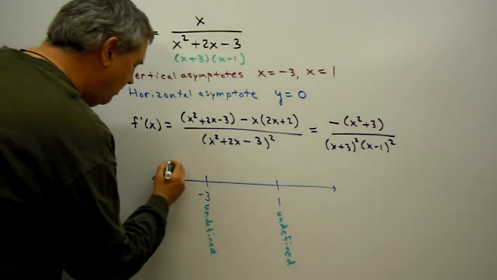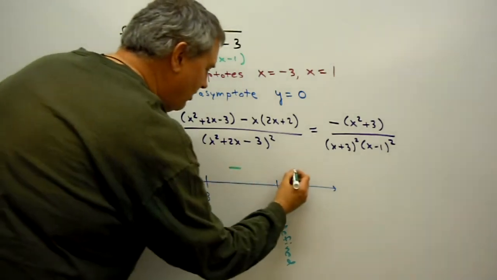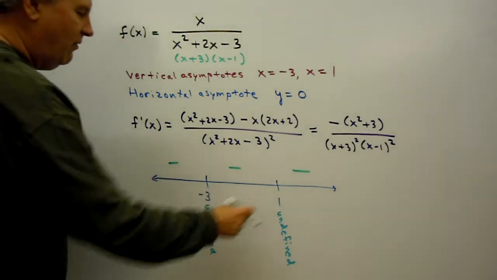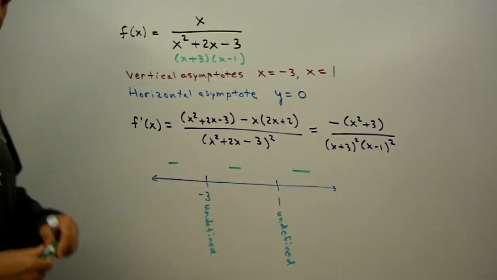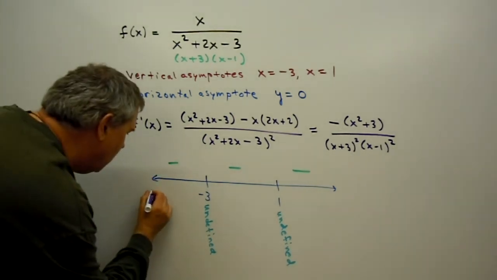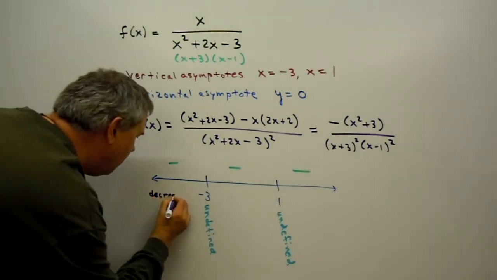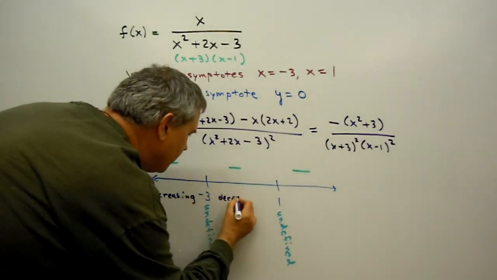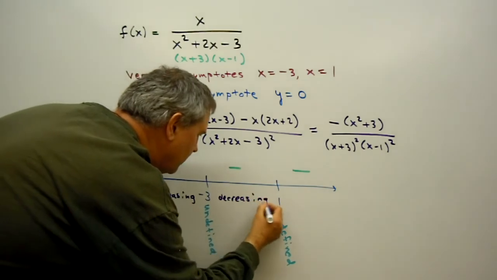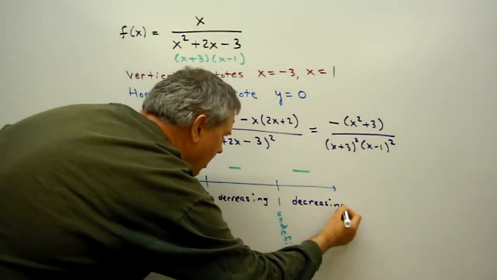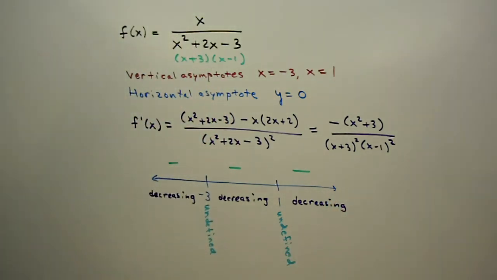So the first derivative is negative in all three of these intervals, while still being undefined at negative 3 and 1. So in those three intervals, the function is going to be decreasing everywhere where the function is defined.